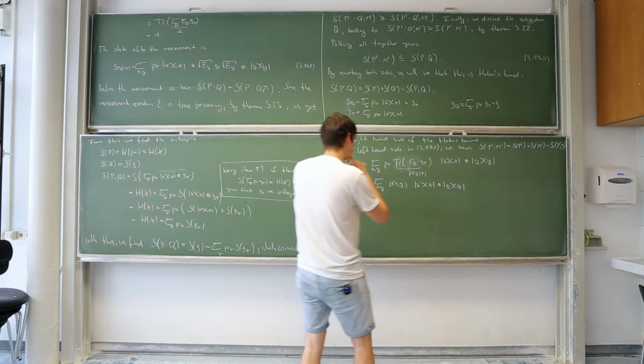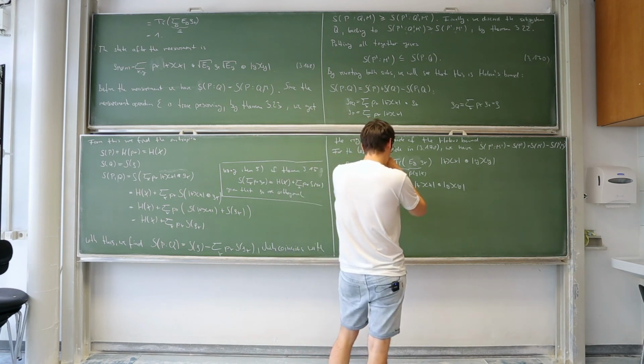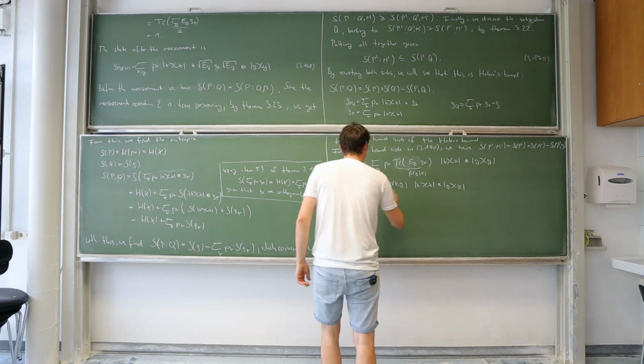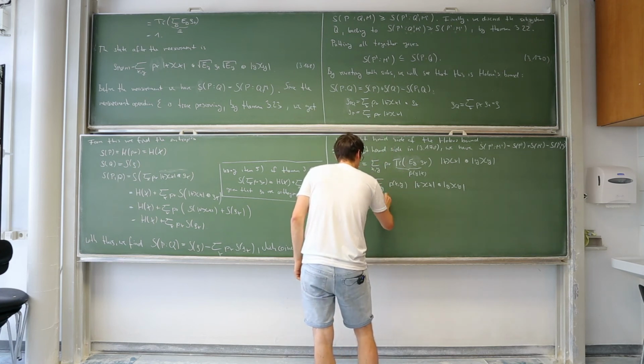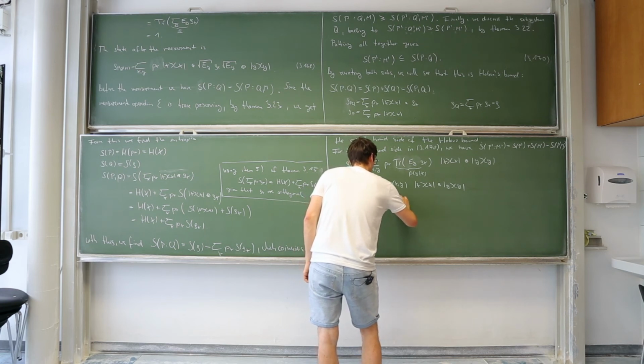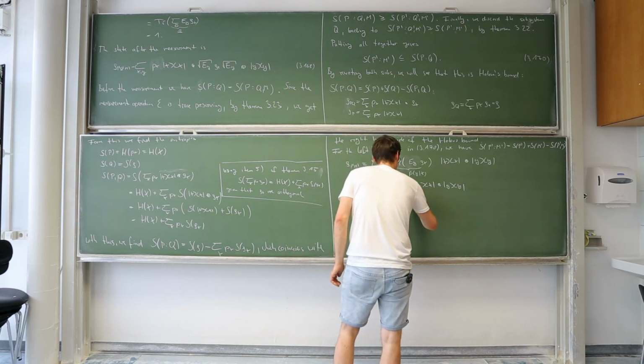So then we have sum over x, y, p of x, y times |x⟩⟨x|.